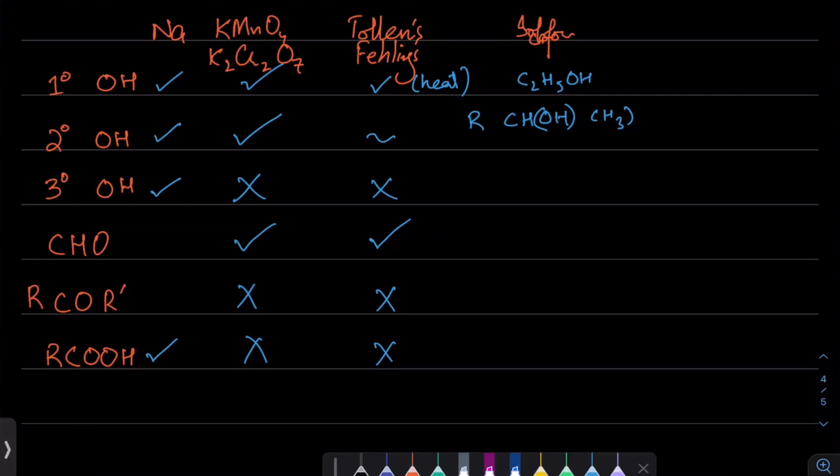Okay. Similarly, अगर मुझे देखना है कि, if I know that one thing is aldehyde and one thing is carboxylic acid, so उसको differentiate कैसे करूंगा? Aldehyde will oxidize, but carboxylic acid will not. Similarly, ketone will not oxidize, but aldehyde will. So that means I can differentiate between aldehyde and ketone and carboxylic acid and tertiary alcohol, sure, using Tollens' reagent or Fehling's solution. Okay.